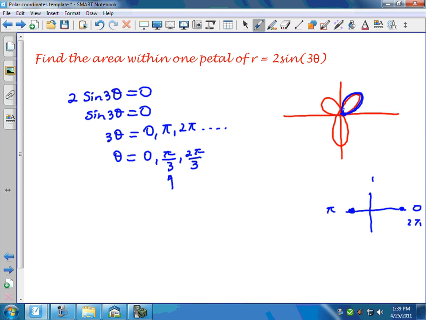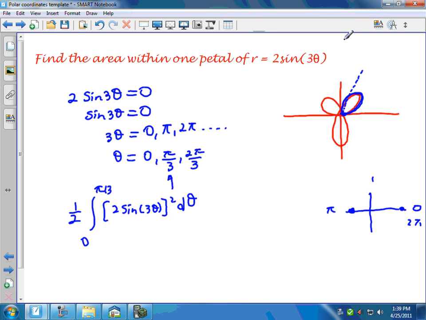If I were to graph this on polar paper, you would see that the petal has been completed from 0 to pi over 3. Okay. So when I integrate this, guess from where to where I'm going to integrate. Exactly, I'm going to integrate from 0 to pi over 3. And the formula says 1/2 r squared, r being 2 sine of 3 theta quantity squared.